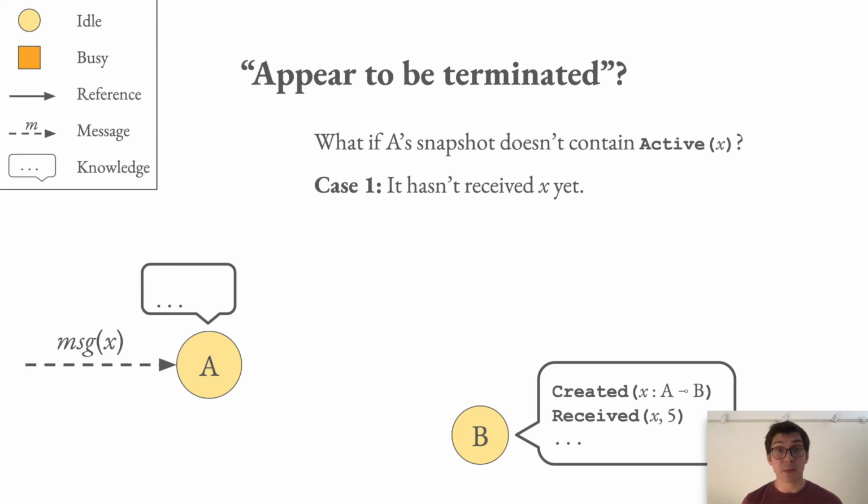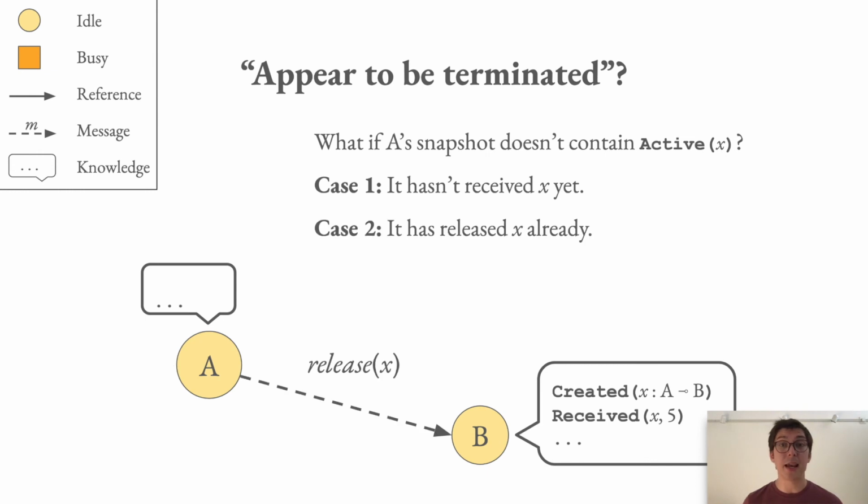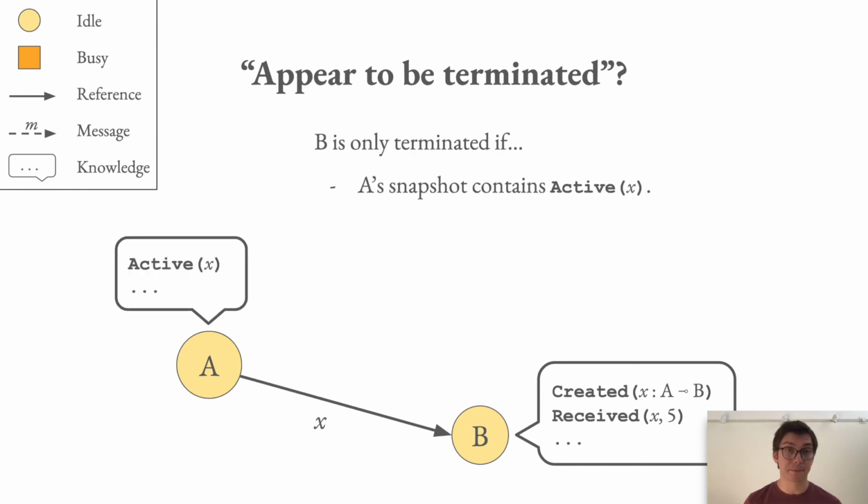But that means that A is unblocked, which means that B is not terminated. Another possibility is that A sent a release message to B, but then B is unblocked because it has this undelivered message, so B is still not terminated. So basically, the aggregator knows that B is only terminated when A's snapshot contains active X.